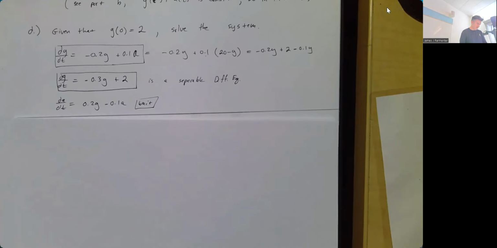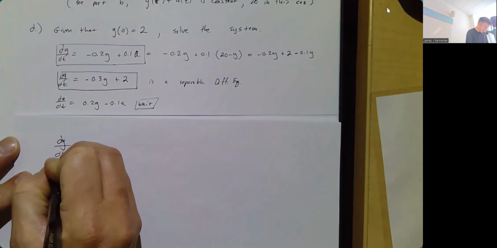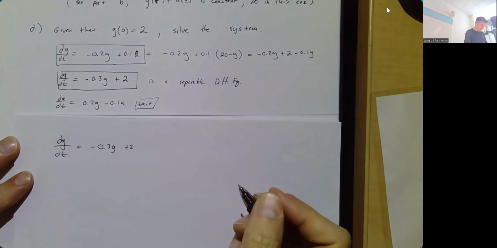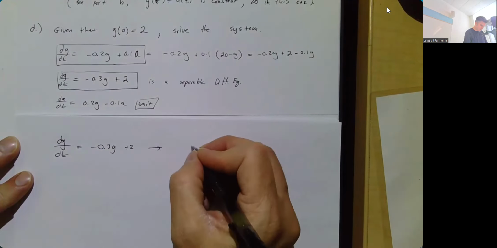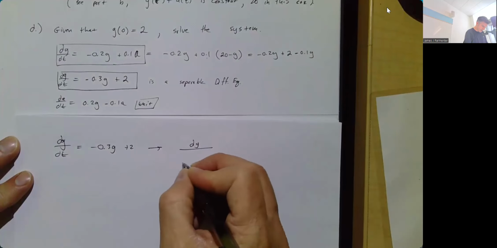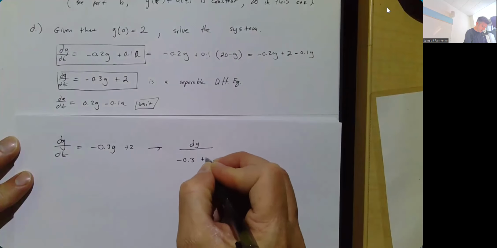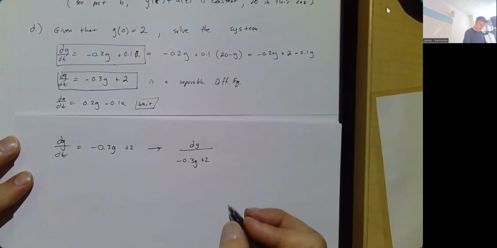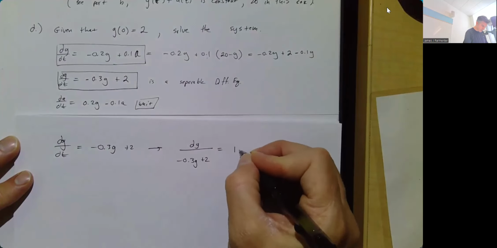We're going to say dg/dt equal to negative 0.3 g plus 2 becomes dg divided by negative 0.3 g plus 2, equal to 1 times dt. And then we can integrate both sides.